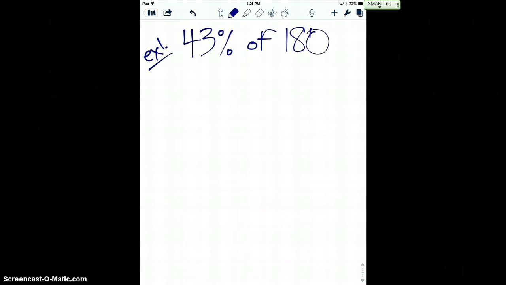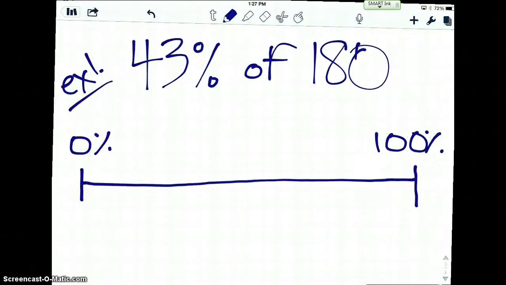Alright, we're going to start by drawing a picture. Okay, and it's going to be a line, so go ahead and draw out a line. And on this horizontal line, I'm going to have one endpoint at 0%. Another endpoint at 100%. Okay, so that's all I've done first.